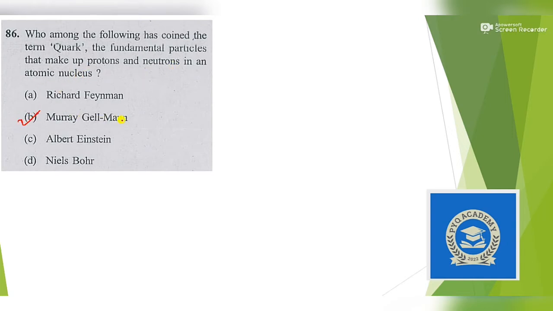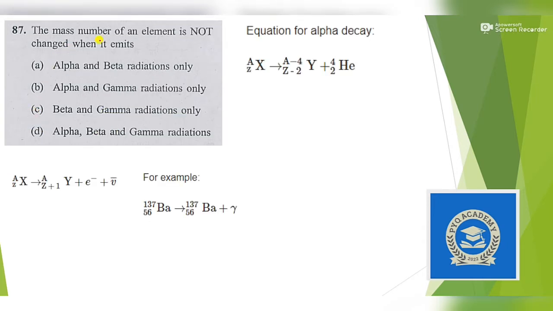Answer is option B, Murray Gell-Mann. Factual question, just remember the answer. Next question, the mass number of an element is not changed when it emits. So it is a question from radioactive decay. Okay, and it is a question of higher NCERT.